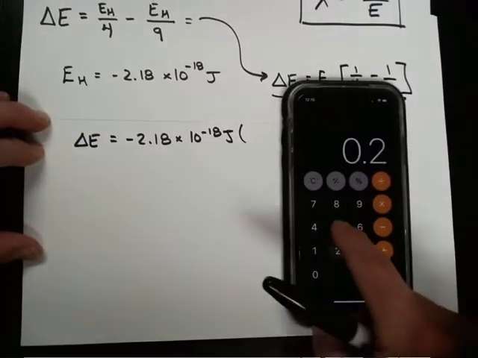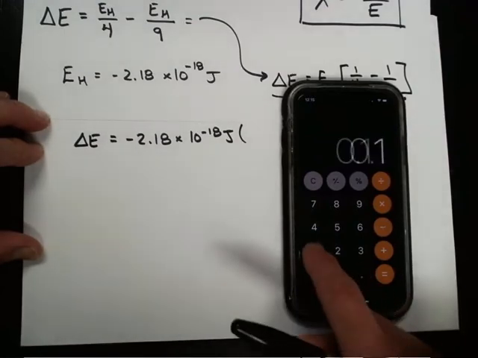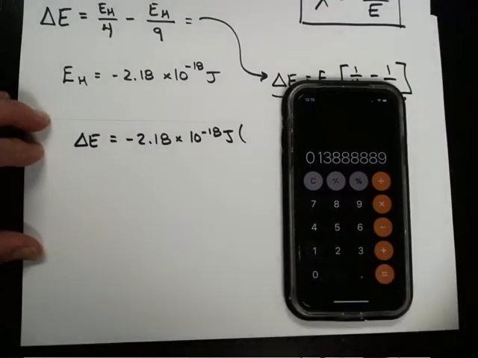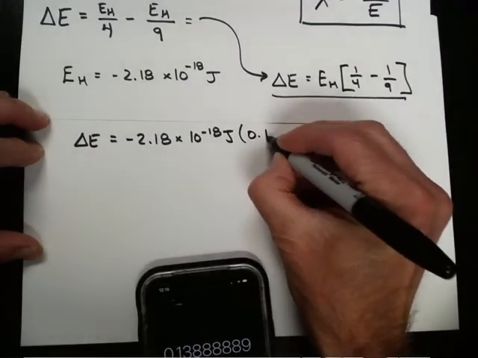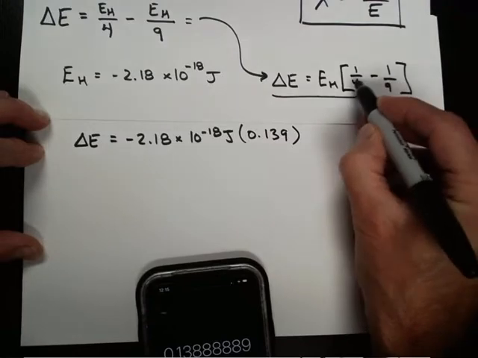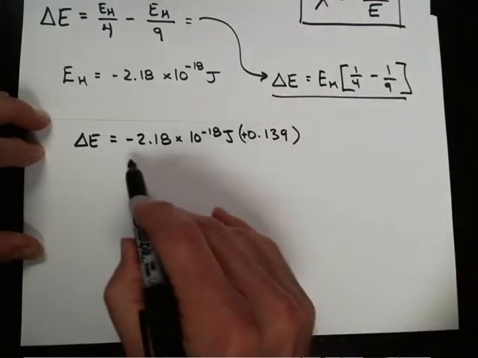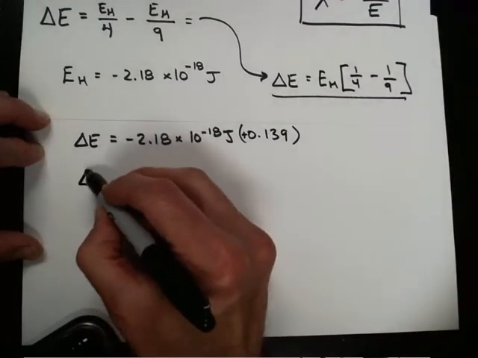Let's see, 0.25 minus 1/9, that's 0.139, if I did my math right. And let's see, that's positive, isn't it? And in this case, we have a negative times a positive, so that's going to give me a negative value.